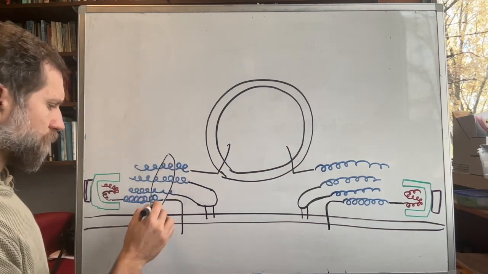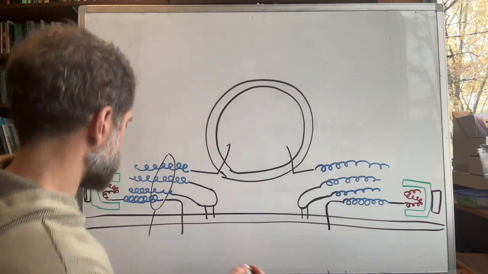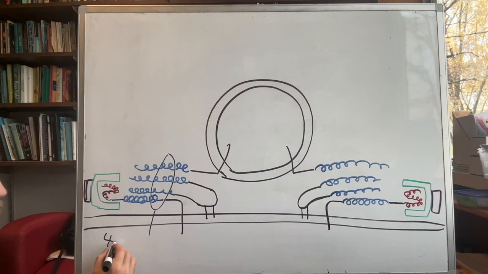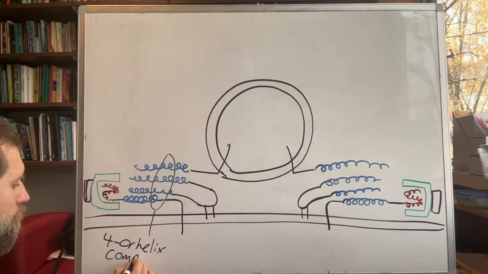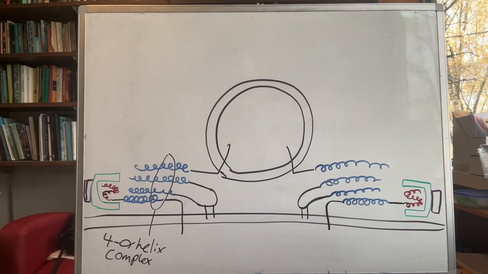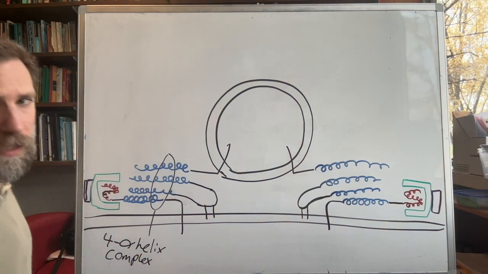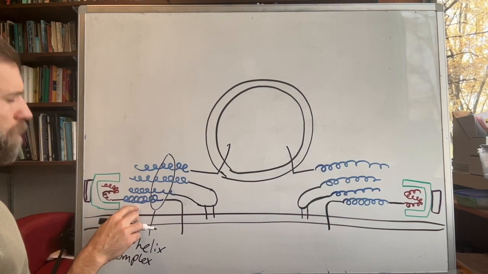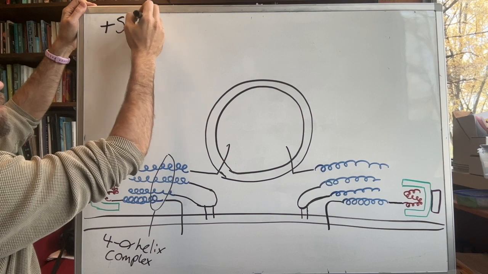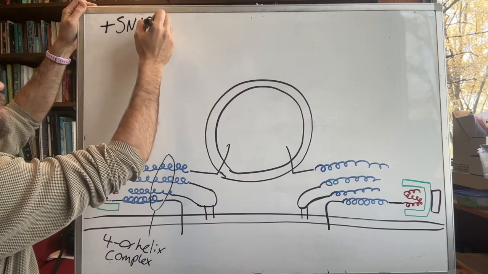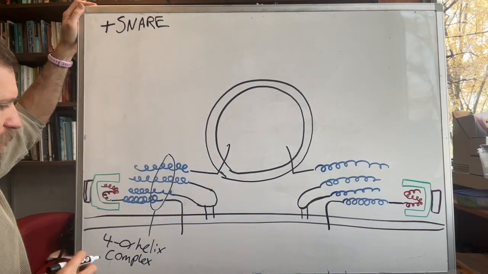This is our 4 alpha helix complex. And we have all 4 here, which includes, I'm going to start from the bottom, 2 of our T SNAREs, 2 of our T SNARE proteins.